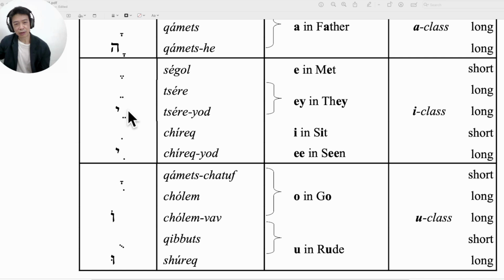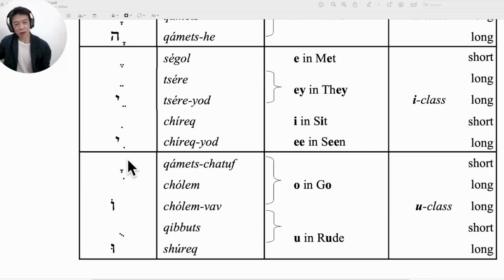And the next one, which consists of a tsere yod, is also pronounced like an a. The next one that looks like a dot is called a hirek. It's pronounced as an E, as in seed. The next one is called a hirek yod, and is pronounced like an E, as in seed.